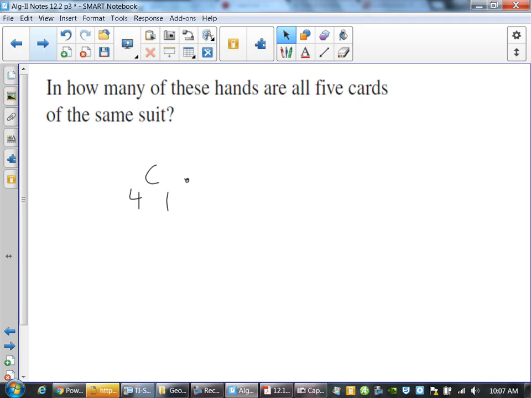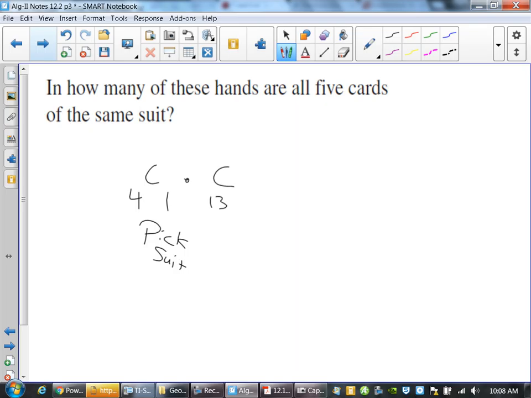Of that suit now, how many cards are left? 13. How many of those do you want? 5. So that's going to be pick a suit, multiply it by 13 choose 5. And this is you want 5 of that suit.